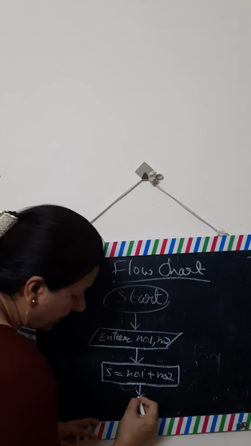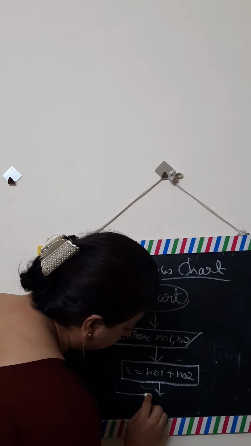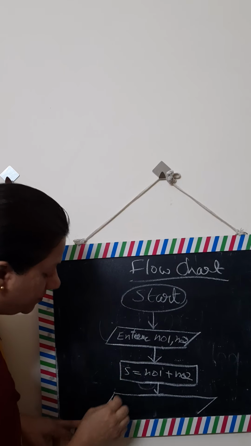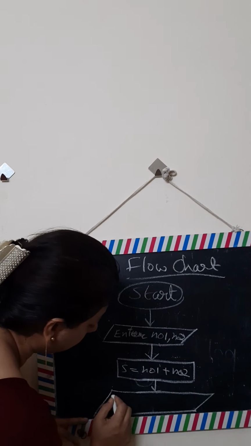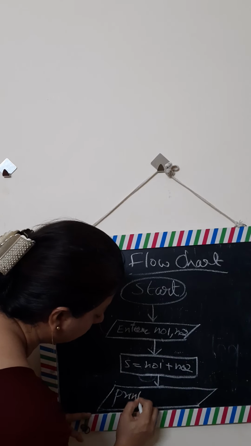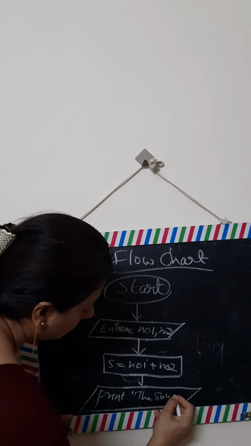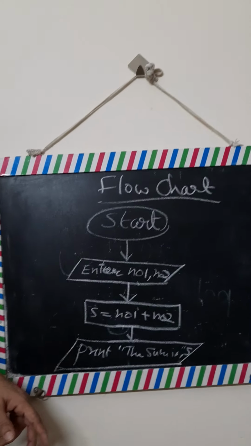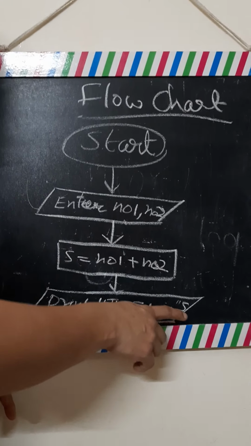Then I should also tell it to the user that the sum is like this. So I am again taking up an output box, input, output, both will be parallelogram as I told you. So here I am going to say print the sum is S.